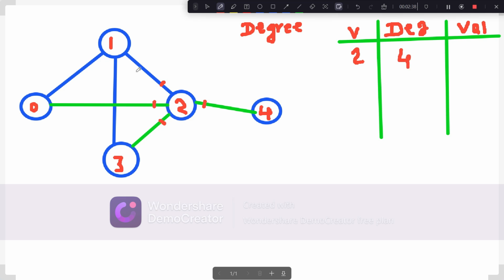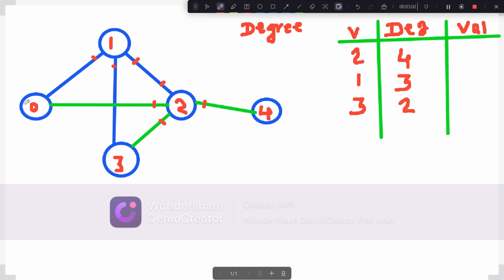Now we will go to this 1. Vertex 1, what is the degree? It has degree 3, right? 3 lines are connected. Now come to this 3. 3 has degree 2, 2 lines are connected. So for vertex 3, the degree is equal to 2.